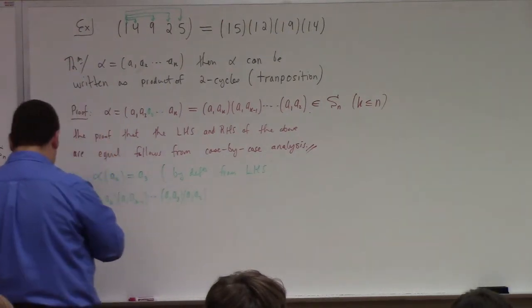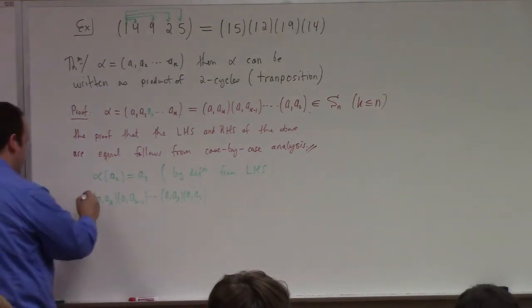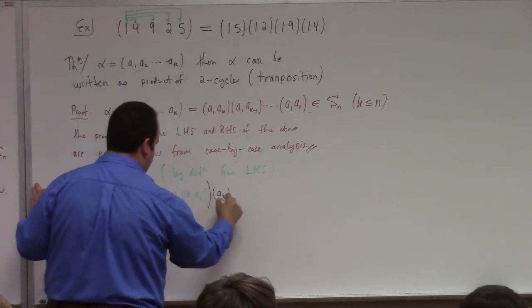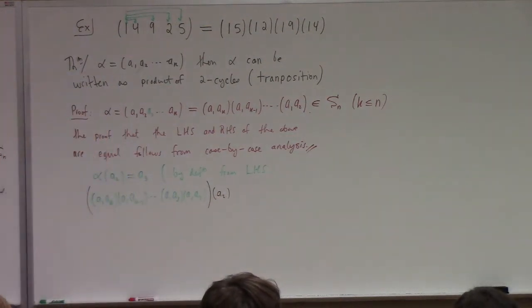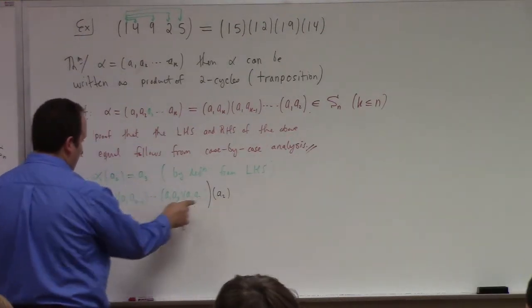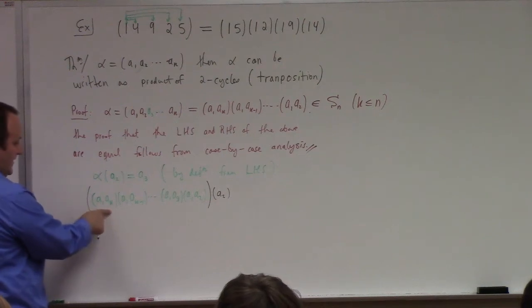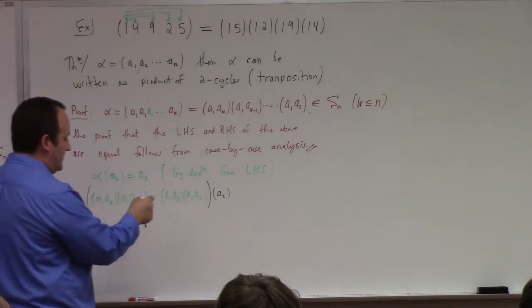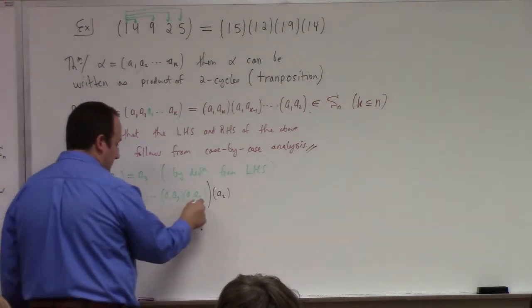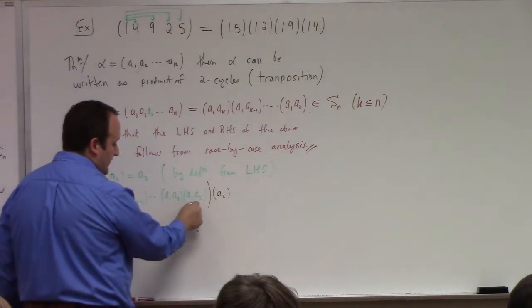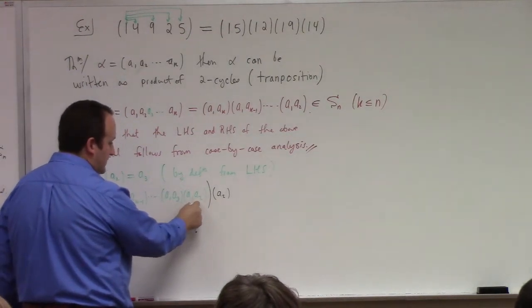So if I take this product of transpositions and insert a2 into it, what happens? Oh, excuse me. How does this work? It's a product of transpositions, right? So we do first this one, then that one, and so forth. So first of all, that goes to a1, right?